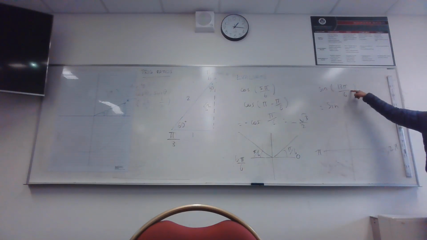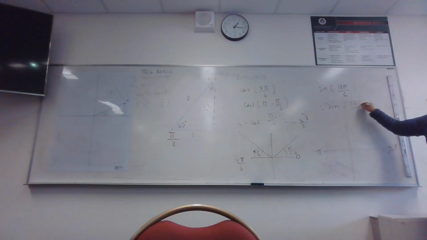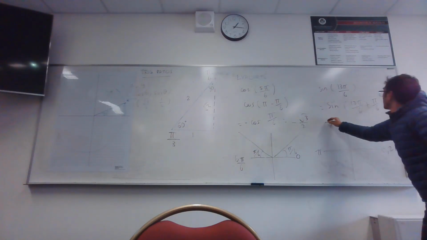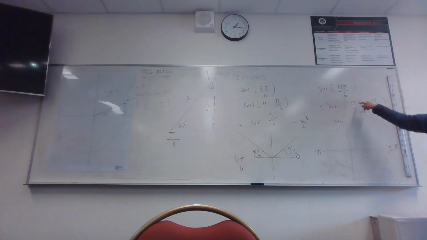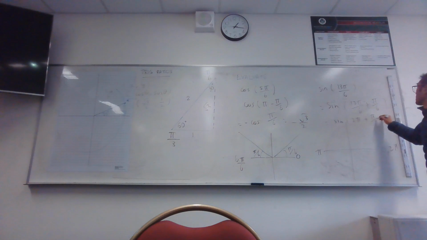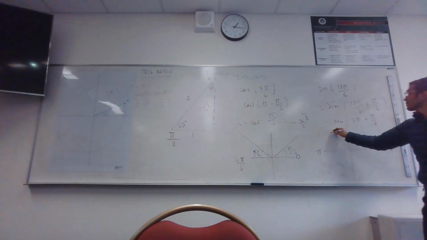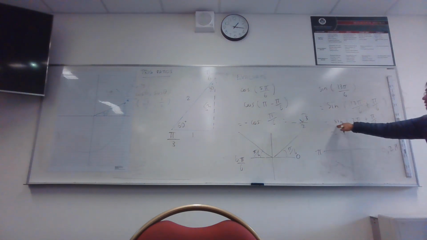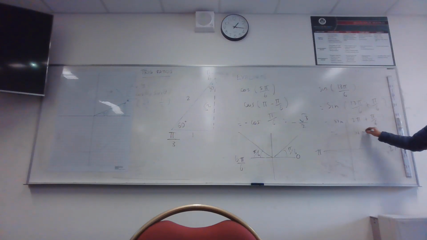Can everyone see how this is the same? It takes a bit of practice. And we know that 13 on 6 is 2 pi plus pi on 6. So we're after a version of sine pi on 6. We want to get back to that.